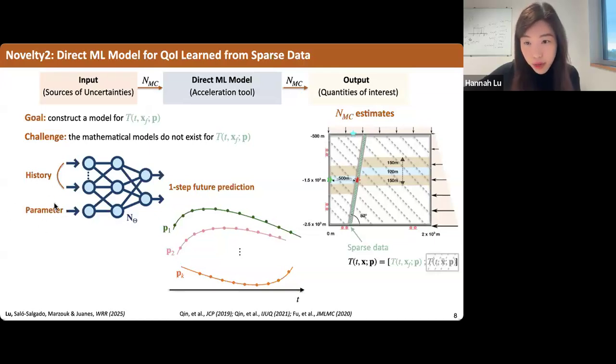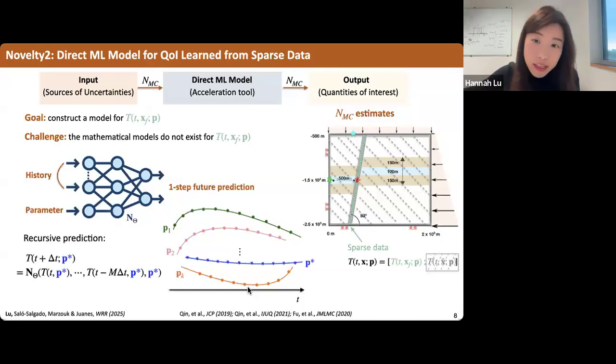And we can add the parameter values also here, and then we train the neural network from the trajectories of different parameter samples. And then after training, predictions for another parameter input, which is not in the training, can be conducted recursively.